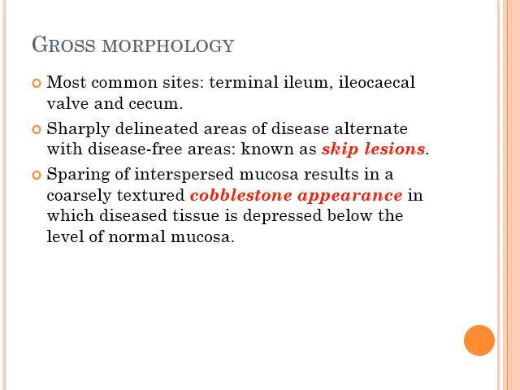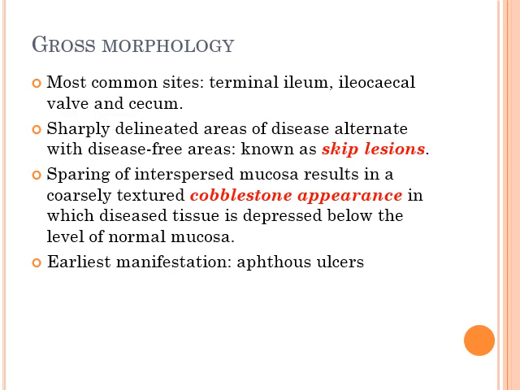Since there are skip lesions, the normal mucosa in between two diseased areas will be slightly above the diseased area, because of which you get this cobblestone appearance. How it looks in the endoscope, I'll show you in the subsequent slides.